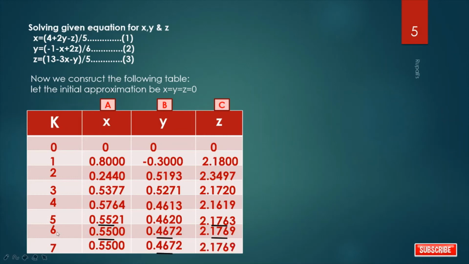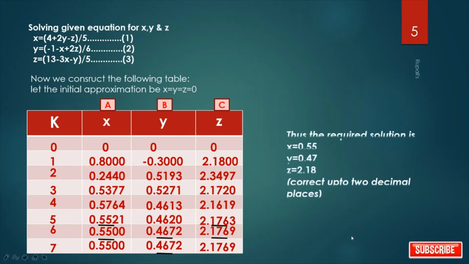For iterations 6 and 7, the y values are the same and correct up to 2 decimal places. So finally we can write the required solution: x equals 0.55, y equals 0.47, and z equals 2.18, each correct up to 2 decimal places.